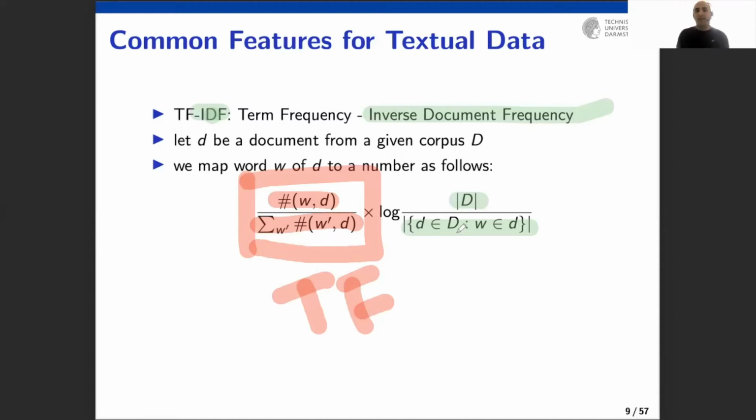Then for the second term we have log of 1, and log of 1 is 0, and the value of this feature is 0 because the word is not discriminative. We have a word that occurs in all documents, so it's not an informative feature to distinguish different documents.